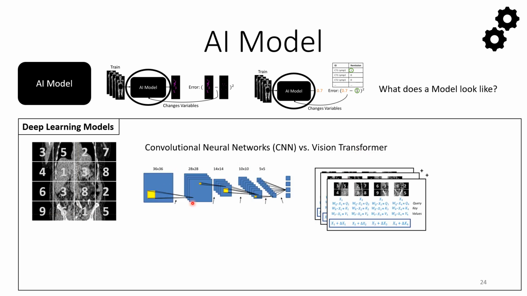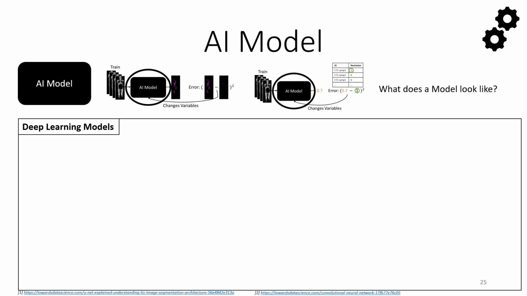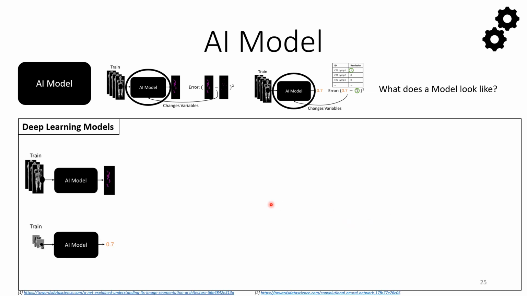So now we have the convolutional network, and we have the vision transformer. So now we go back to our example. We had here the segmentation task where the model should output again an image where all the lymphomas are segmented, so we have drawings in here. And here we had a classification or prediction task where the model should get out a number.